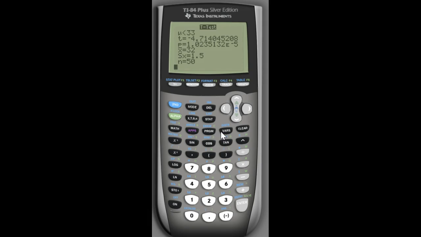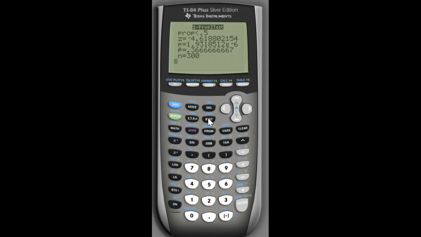Alright, so we're going to do a 1 proportion Z test. We're testing against 50%. Our statistics here is that it's 110 out of 300, right? So 110 out of 300. This is a left tail test.